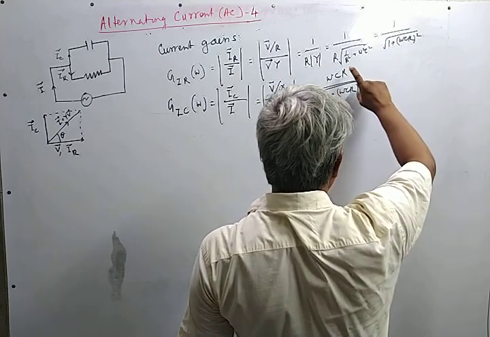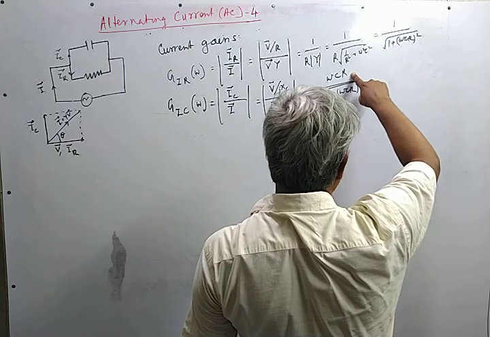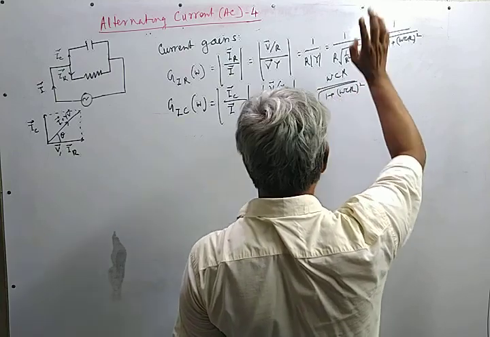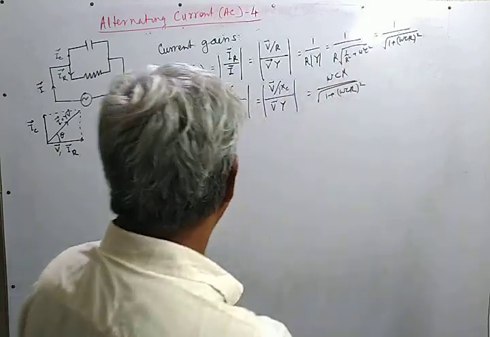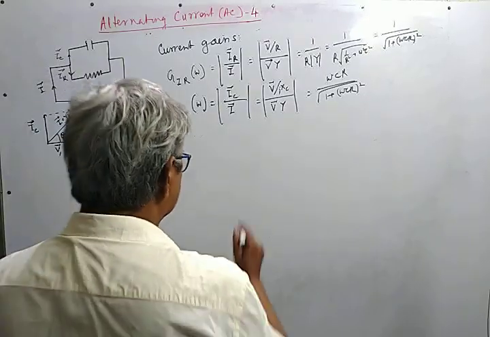For the other, at omega equal to 0 it is 0, and as omega tends to infinity this tends to 1. So here also we can find the filtering action.